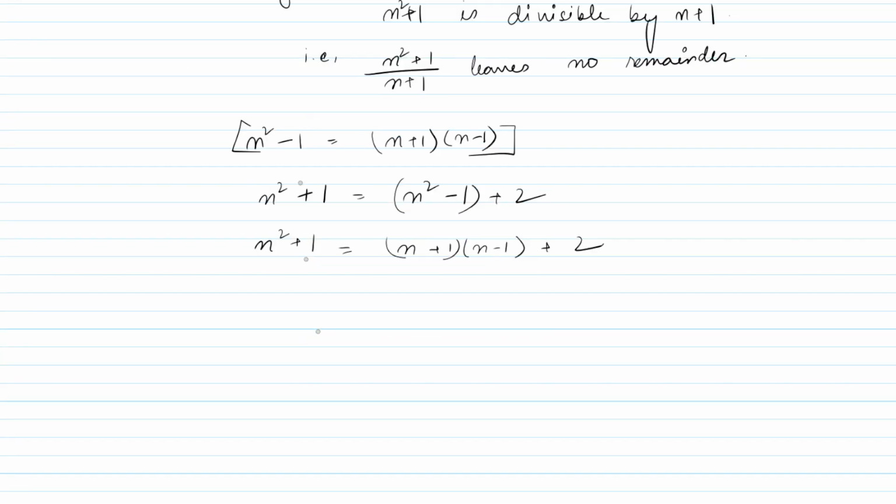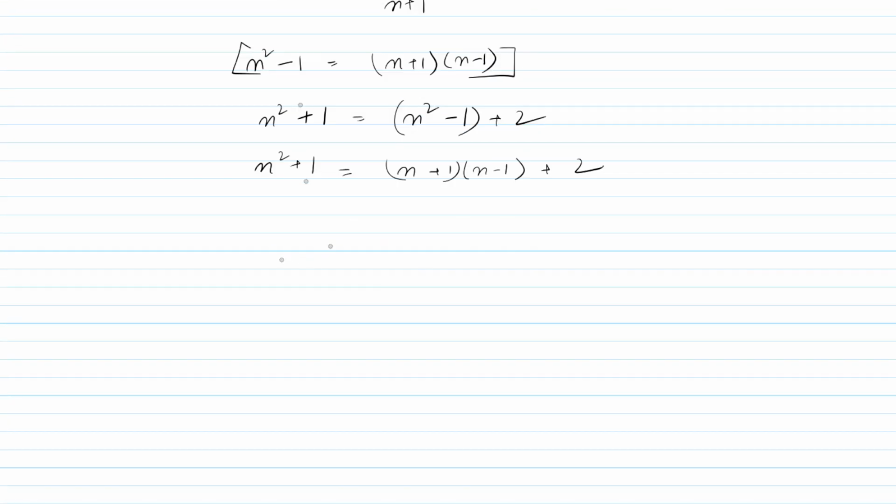Now if we divide the whole n squared plus 1 by n plus 1, we will get (n minus 1)(n plus 1) plus 2, whole divided by n plus 1, right? So we break this addition into two terms.